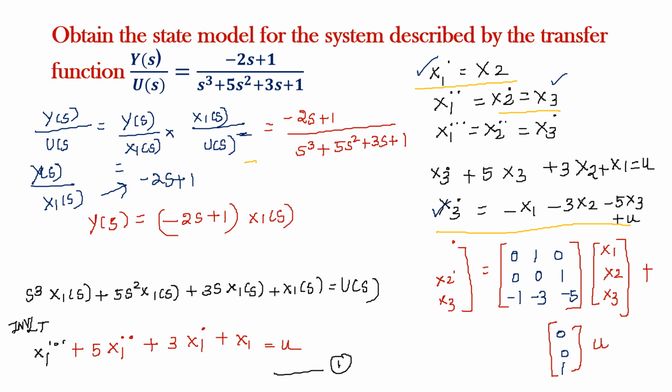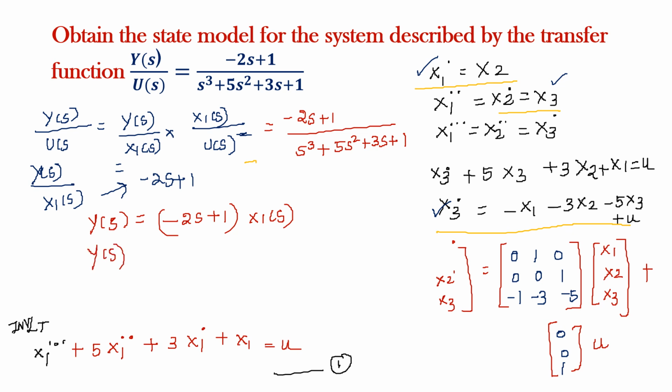Now I am going to expand this term. So y of s is equal to minus 2s into x1 of s plus x1 of s. Now apply the inverse Laplace transform.